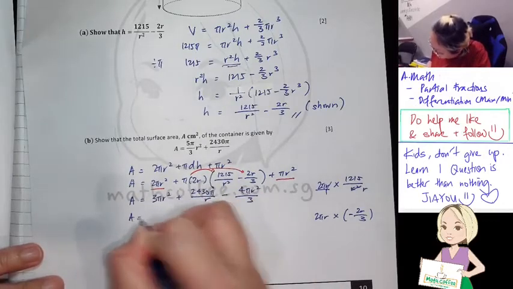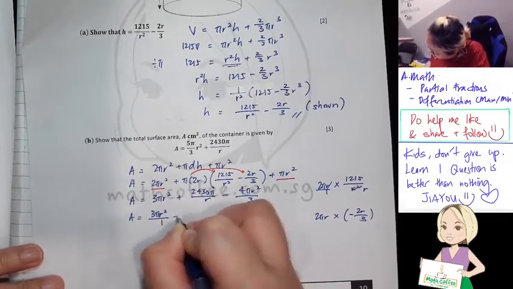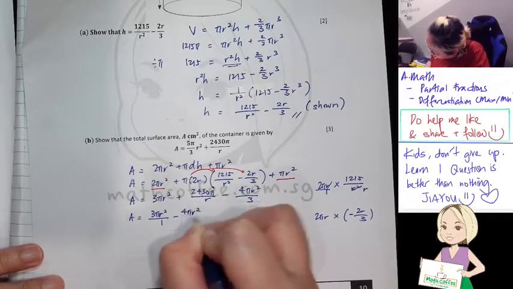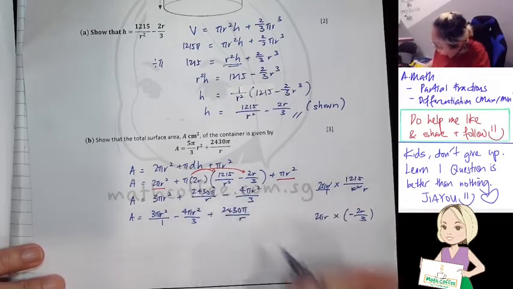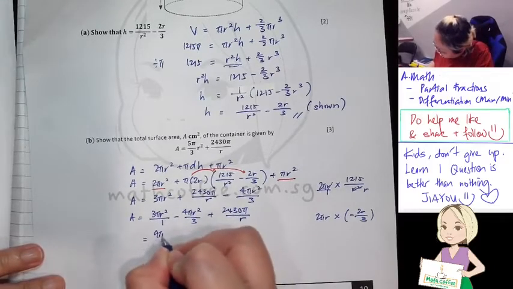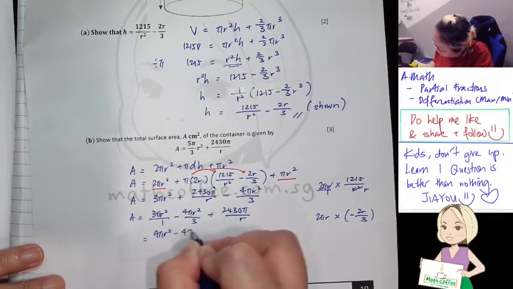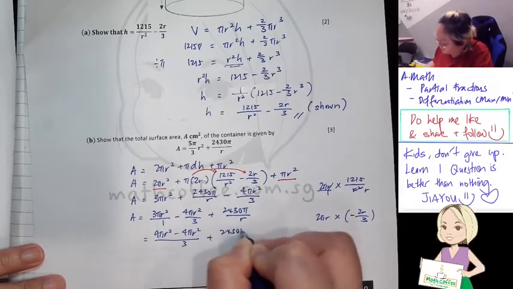So A is equal to 3 pi r squared over 1 minus 4 pi r squared over 3 plus 2430 pi over r. So this one times 3, I will get 9 pi r squared minus 4 pi r squared over 3 plus 2430 pi over r.